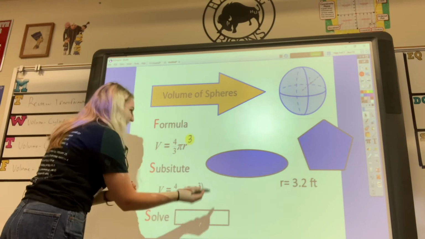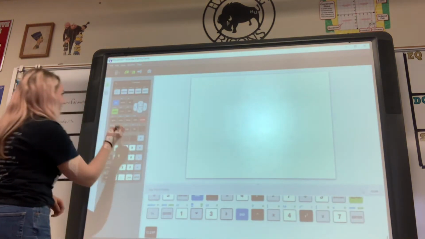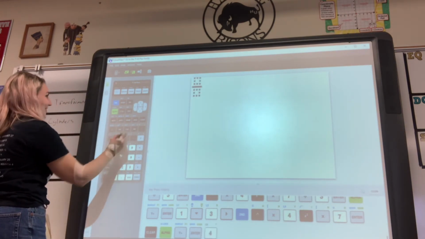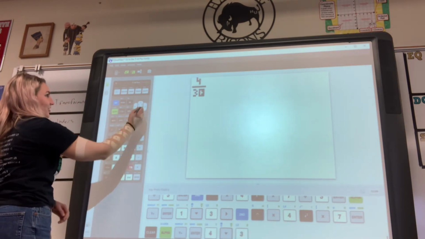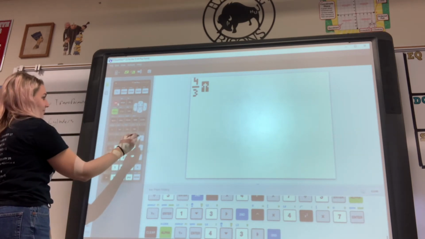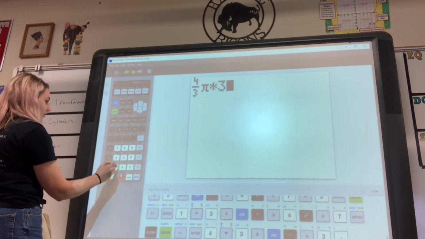All right, so we have a radius of 3.2, so I'm going to go back to my calculator. So alpha y equals, and put in 4/3, and make sure to always go over to this side. 4/3 pi times our radius, which was 3.2.